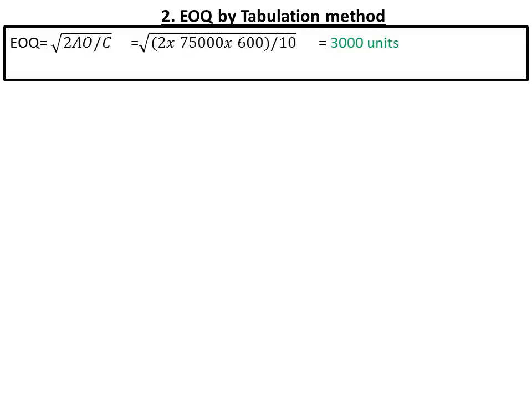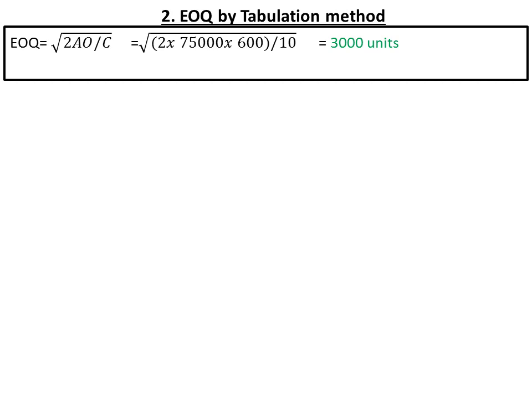Now we are going to calculate EOQ by tabulation method. This is also called the trial and error method of calculating economic order quantity of raw material. Even though this is the tabulation method, we can cheat it through the formula method.